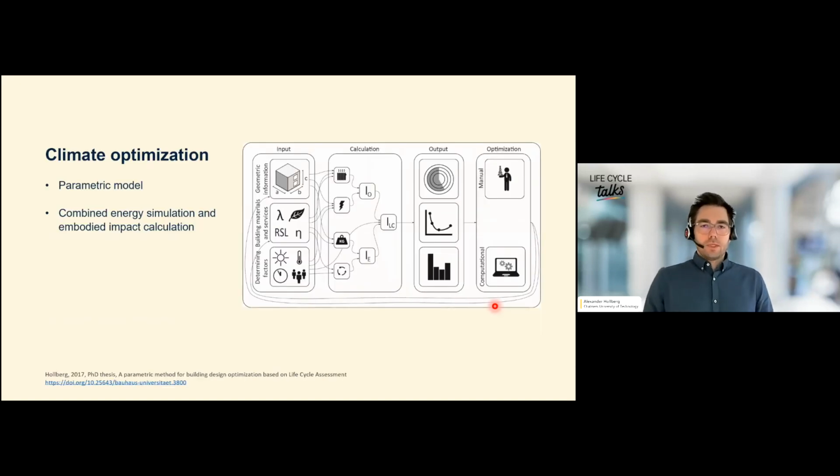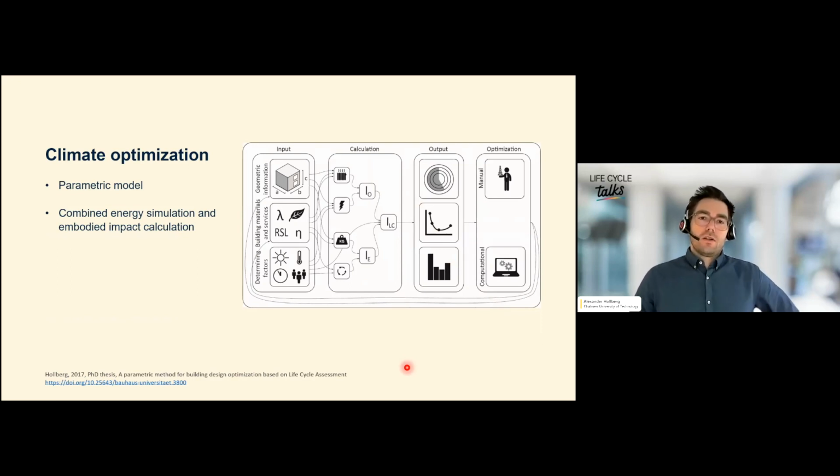And there are different ways to do this, but during my PhD, I developed this parametric model following a more generative design approach, which was quite popular, or still is very popular, in architecture and also engineering offices.